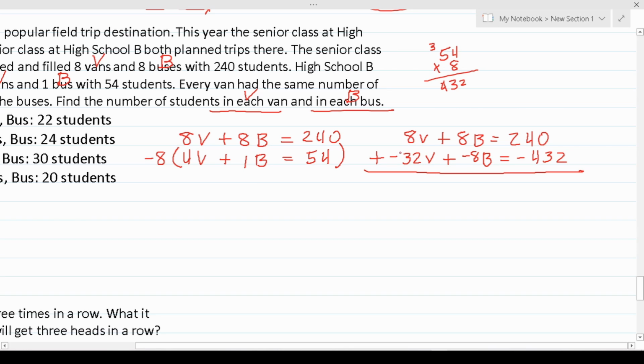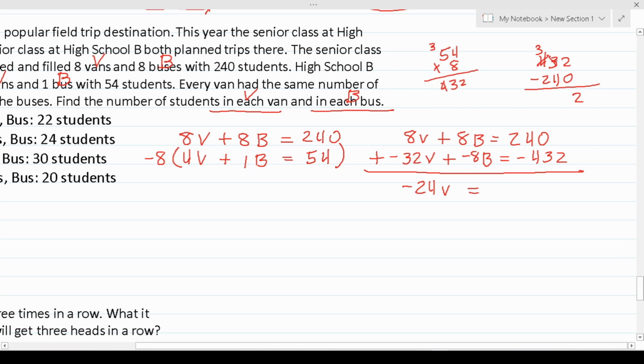So I said we're going to add both these equations together. 8v plus -32v is going to be -24v. 8b minus 8b is nothing. Then we have to figure out what 240 minus 432 is. That looks like this: 432 minus 240. But we know the result's going to be negative since this 432 is bigger than 240. 2 minus 0 is 2. 3 minus 4 we can't do, so we're going to have to borrow.